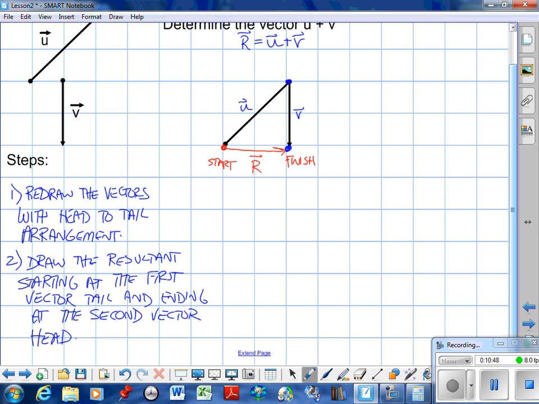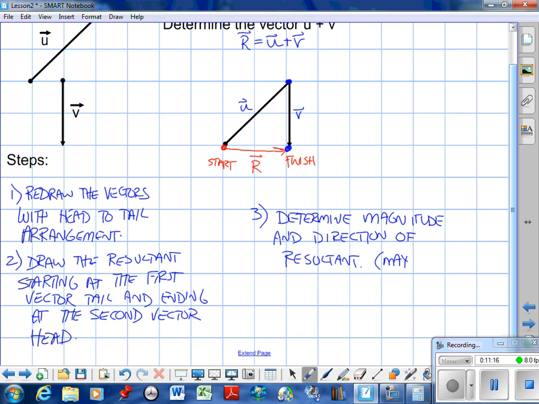Okay, and then step 3, which I'll put right here, is determine magnitude and direction of resultant. And this may require trig. All right, and we'll get to an example like that.